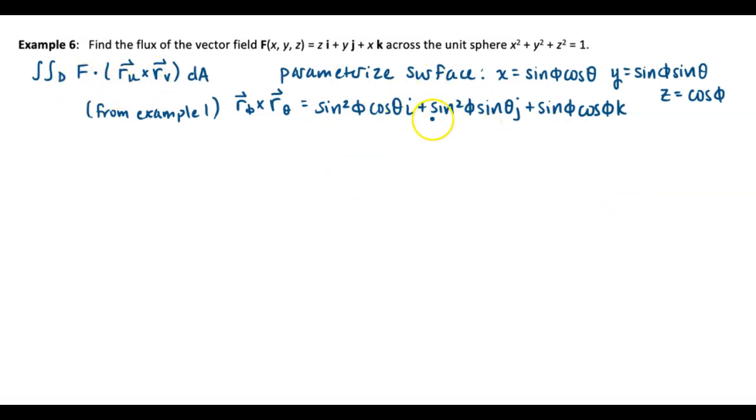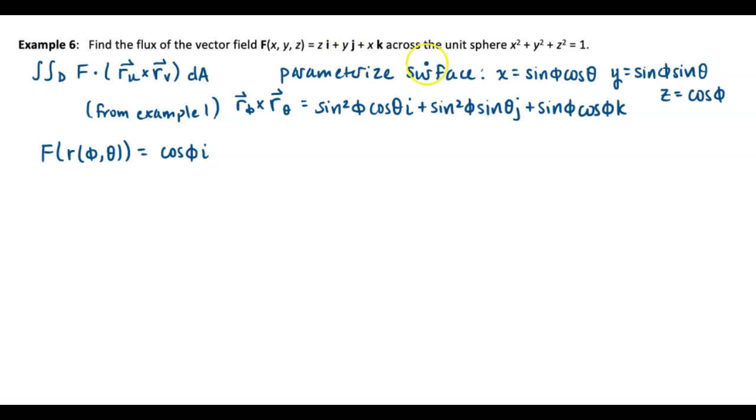Now notice that this is parametrized. We have everything in terms of phi and theta, and so we're going to need to do the same thing with this f. And so if we want to find f of r of phi and theta, all we're doing is plugging this x, y, and z into this function. And so I've got zi, well that's going to make this a cosine of phi i.